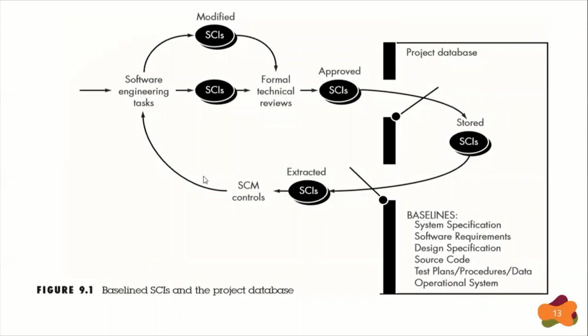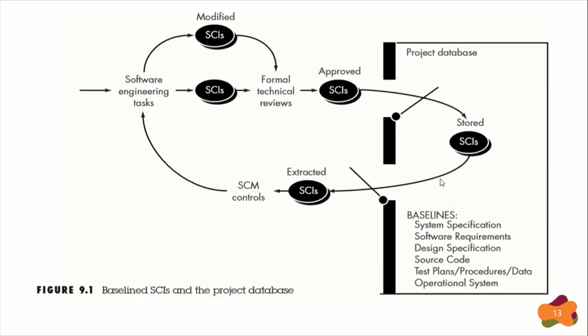The software engineering team is going to perform some activities on the software work products. We call them SCIs, software configuration items. Software engineering tasks produce one or more SCIs as a baseline, and after formal technical review it is approved, and finally it is stored in the project database.